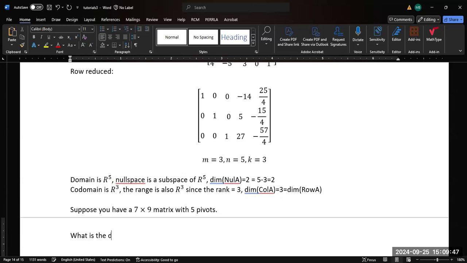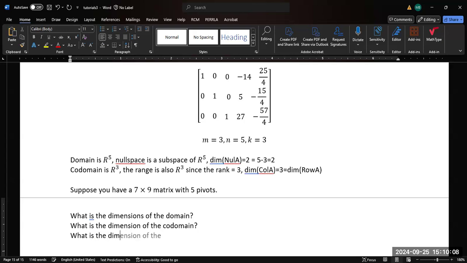What is the dimension of the domain? What is the dimension of the codomain?